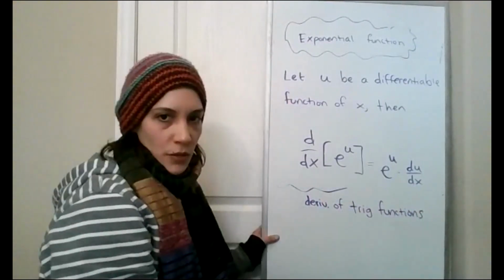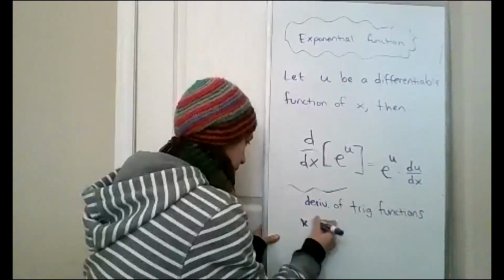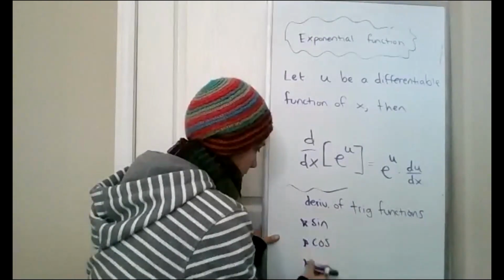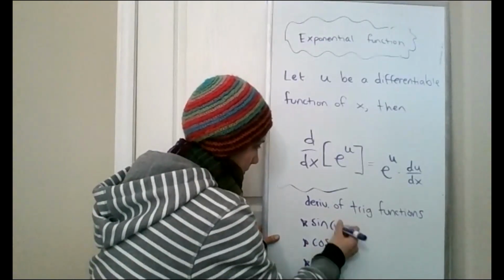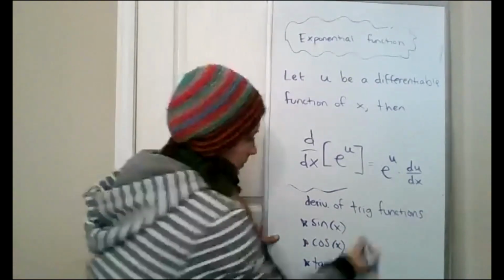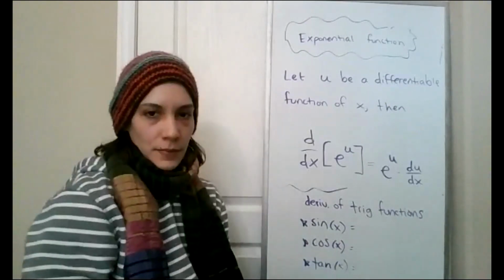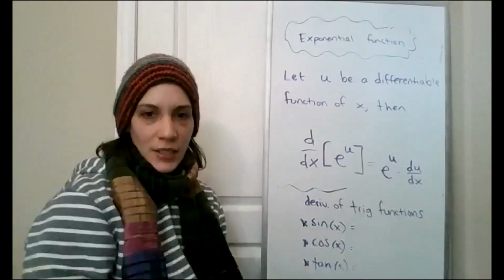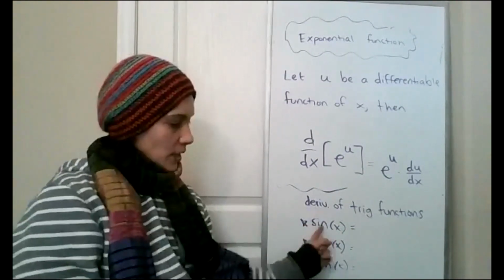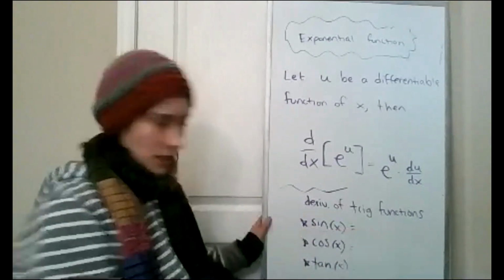I would think you should know sine, cosine, and tangent. And I'm going to ask you guys for help on this because it's been a little while for me. I'm remembering that the derivative of sine is cosine. So correct me if I'm wrong.